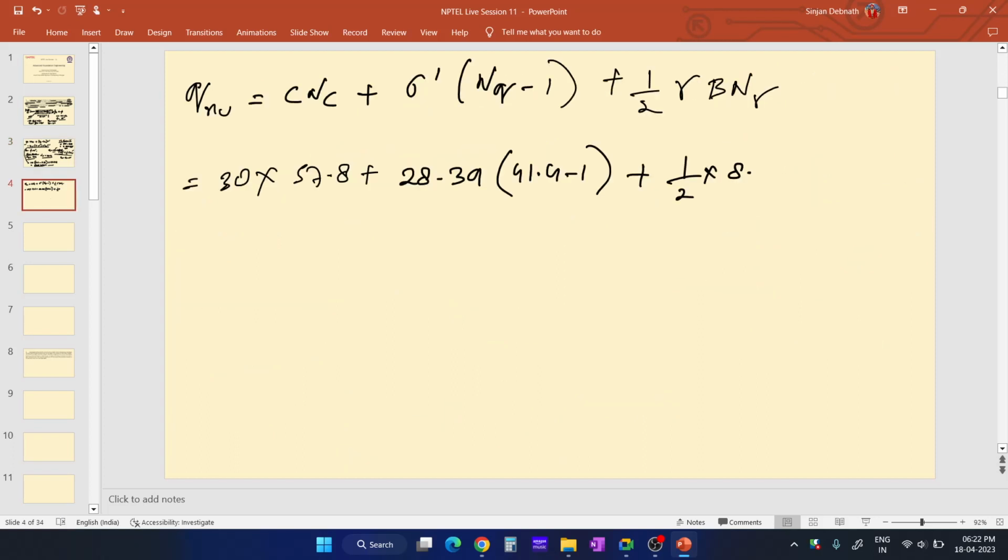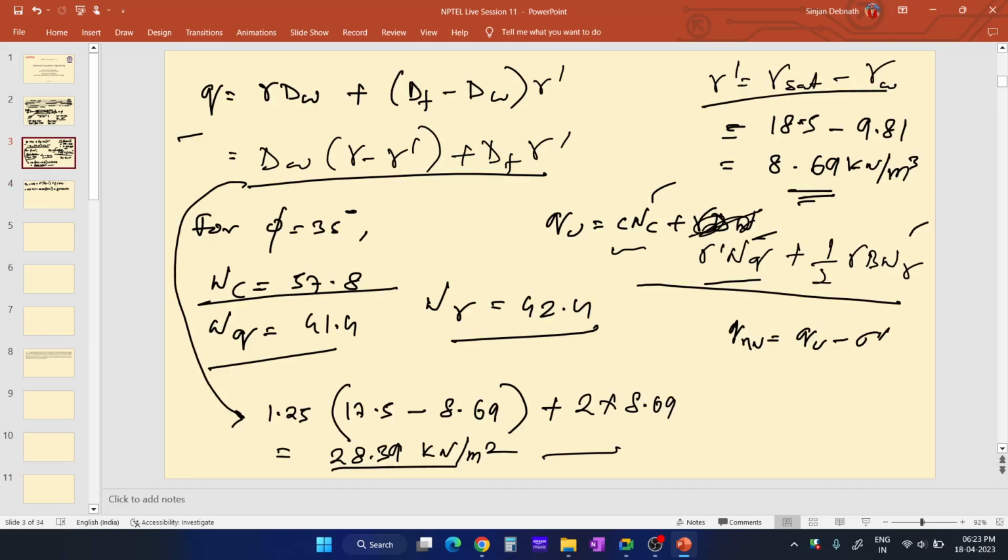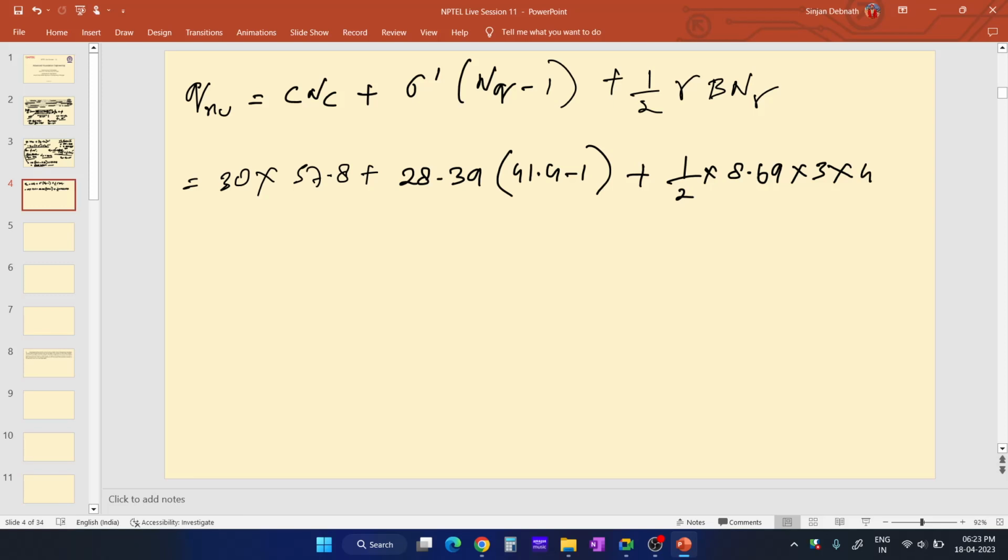So half into 8.69 into B, the width of the footing, which is 3 meter, into N gamma. N gamma is around 42.4. Now if you calculate this equation, you will get the value of qnu.